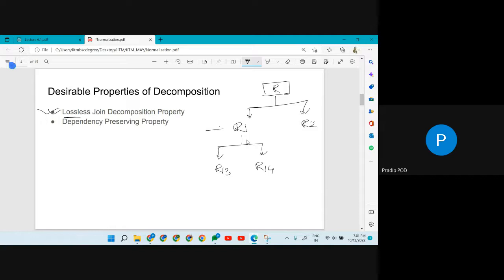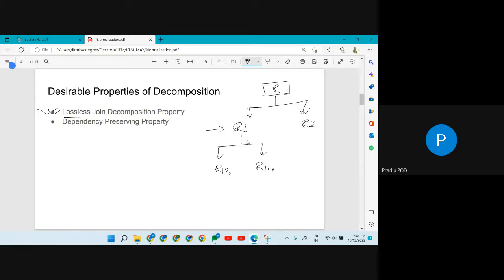What that means is, suppose a relation R is decomposed into R1 and R2, and at a later stage you have to extract information by combining these two tables, or reconstruct the tables to retrieve some information. That should not contain any more tuples or fewer tuples than the original table.